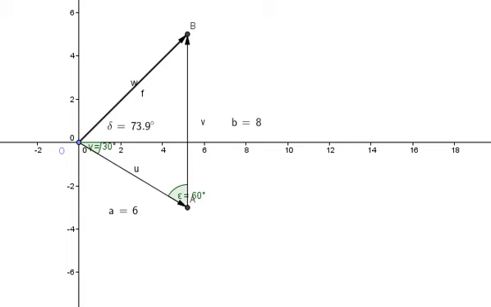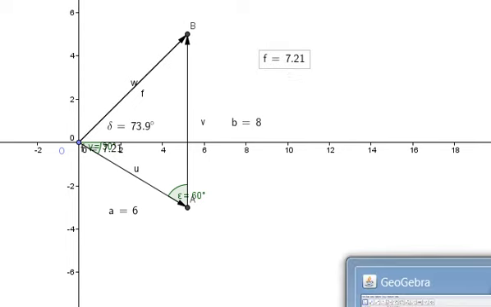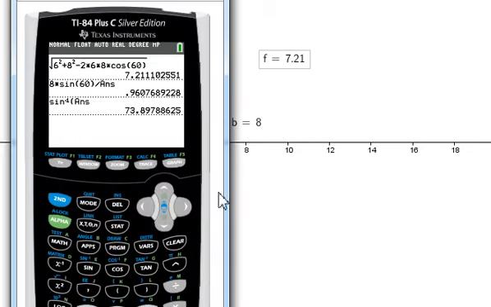Here it's f, and f equals 7.21. Okay, once again 7.21, and we also calculated that it is 7.21.